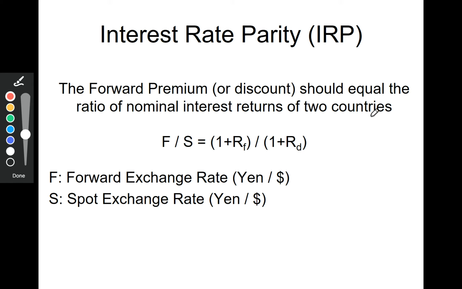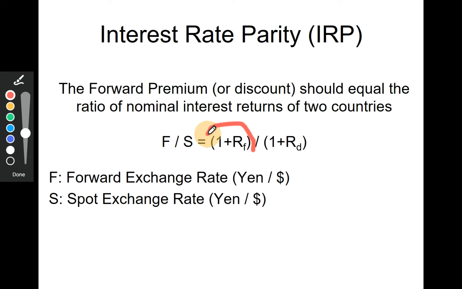So the right hand side of the equation, after equality, says the ratio. So we are dividing two things. We are talking about this division of nominal interest returns of two countries.